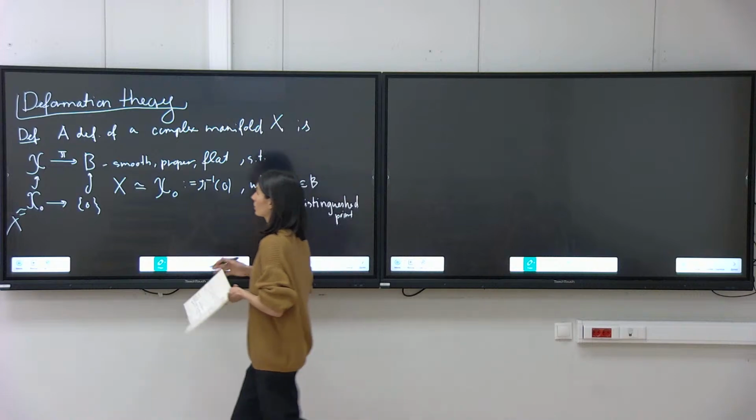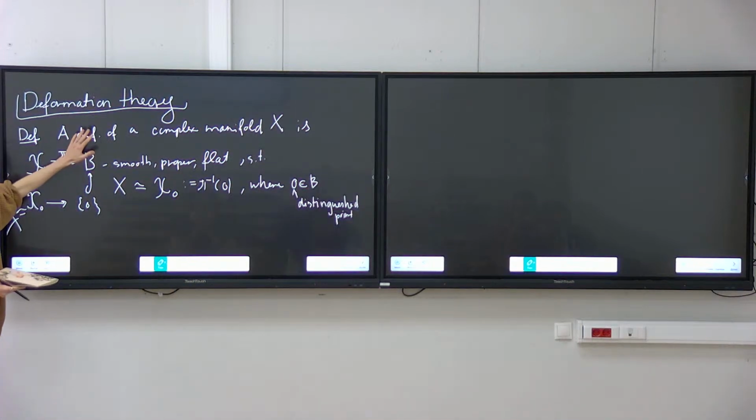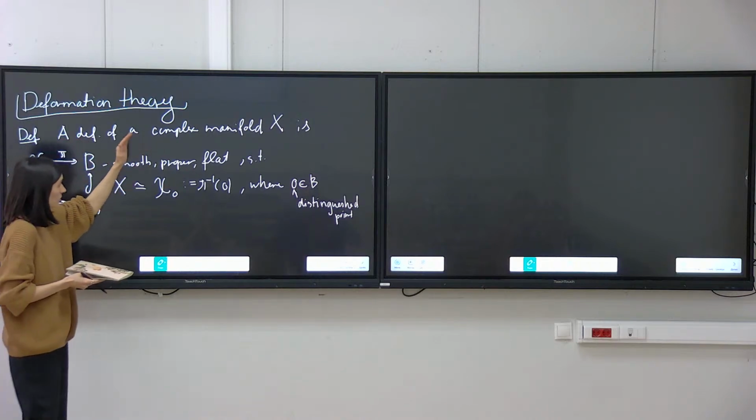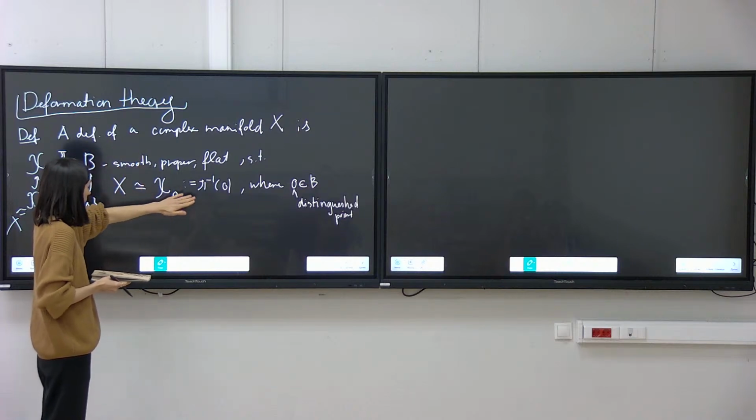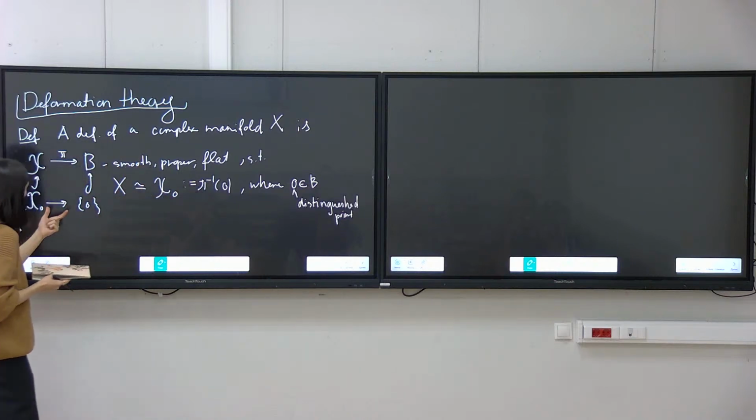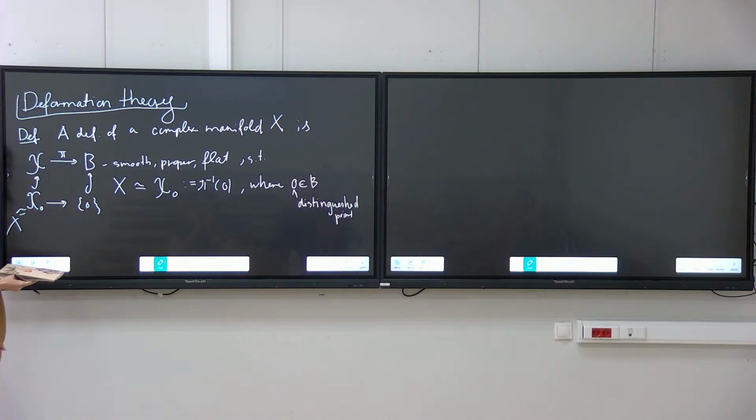Is it a curve or something? No, this is some base. It doesn't matter, it can be non-smooth, for example. But a deformation is such a map, smooth proper flat, with the property that its central fiber, a fiber over some point that we choose, is isomorphic to our variety X.